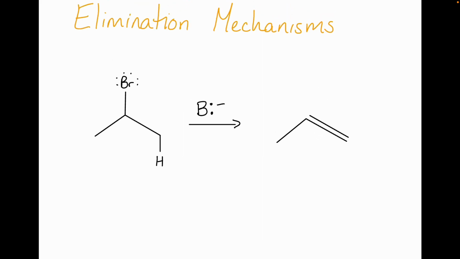We sort of already did this at the beginning. We asked, what bonds need to be broken? We need to break our leaving group bond, but we also have to get rid of this hydrogen too. That's the only way we're going to be able to form a double bond. And in terms of what bonds are being formed, that new carbon-carbon pi bond.